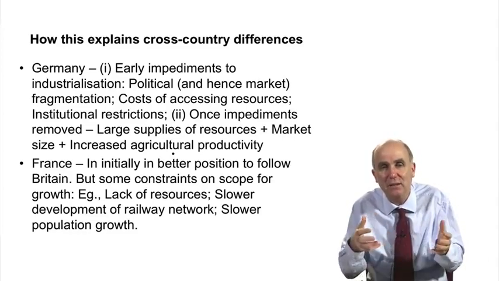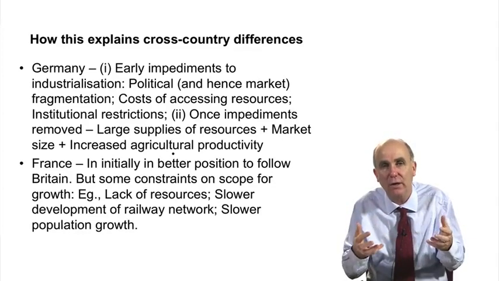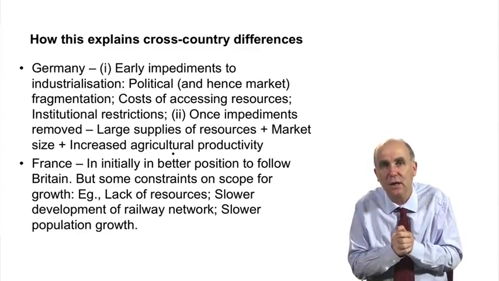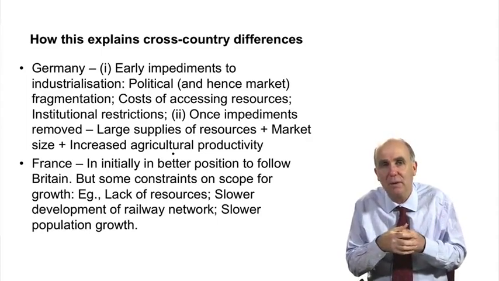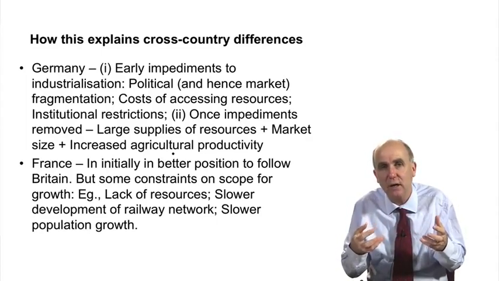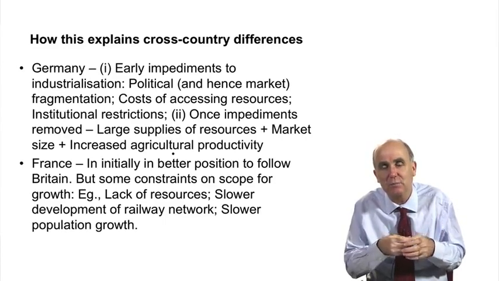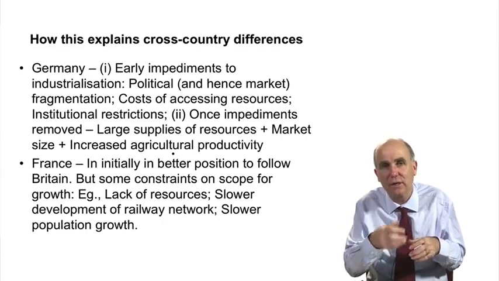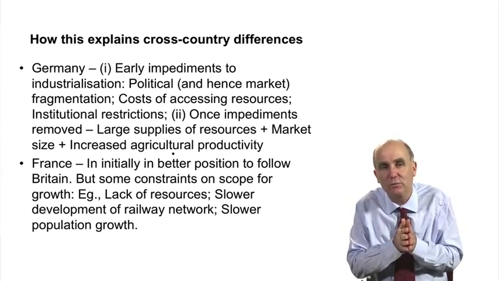For example, it lacks the large amounts of coal and iron ore resources that Germany does. Perhaps for institutional reasons, it's much slower to develop an extensive rail network. And it's less successful in switching its population from agriculture to industry and in improving agricultural productivity.